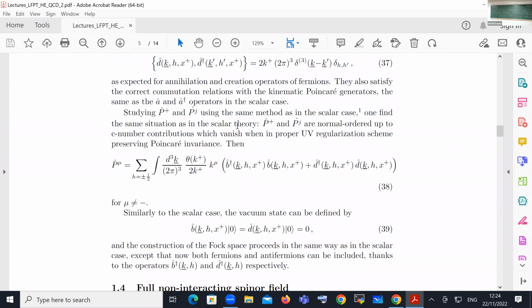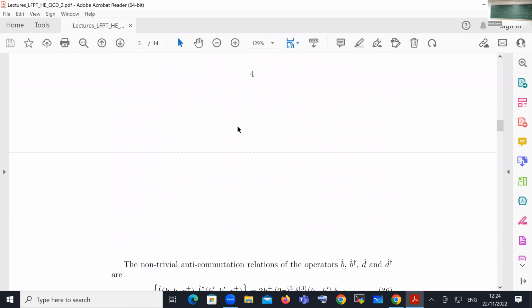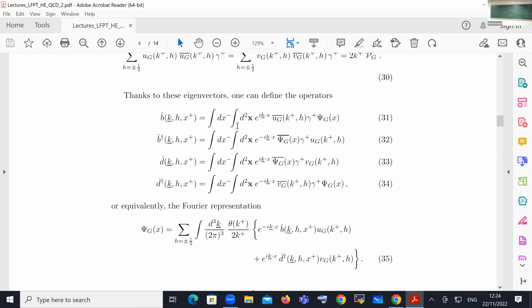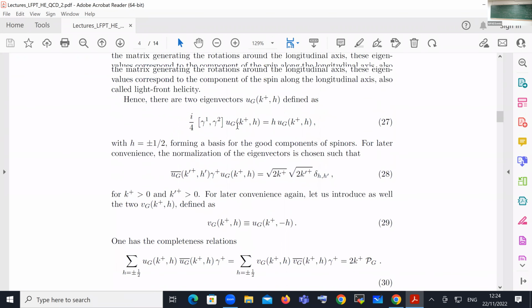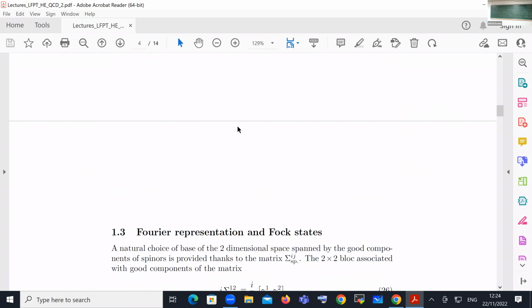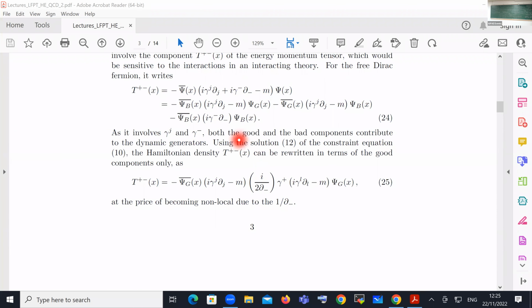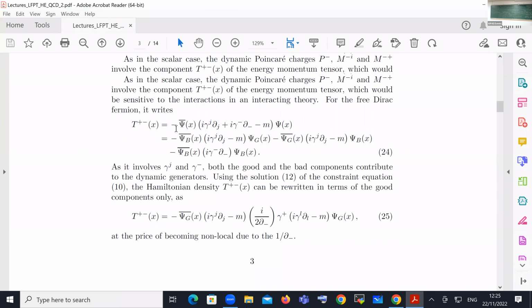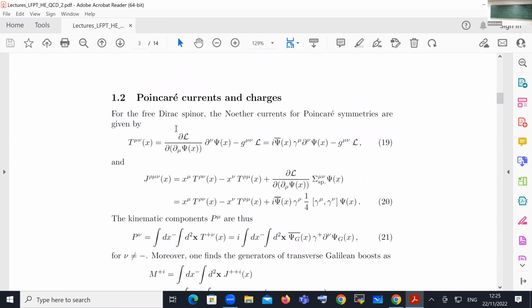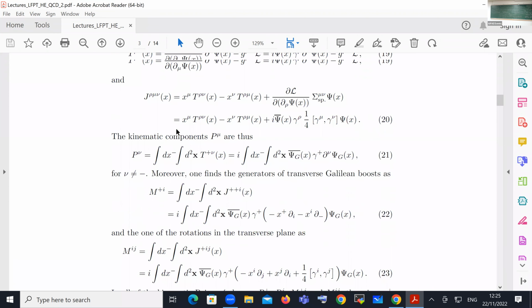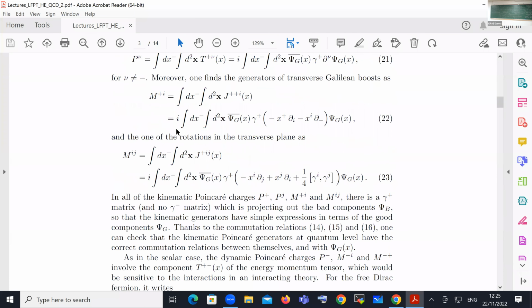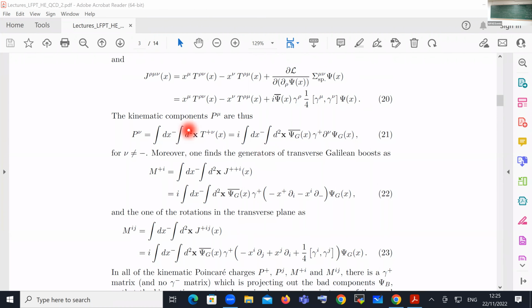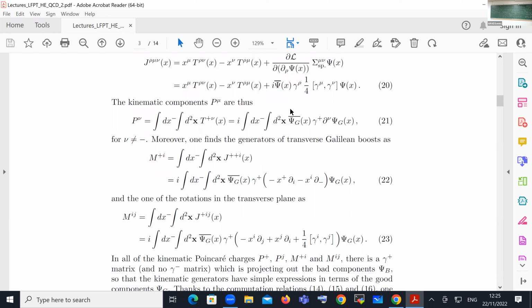Most of what I was talking about, except for the discussion of the T plus minus, the particular form of the constraint equation, and the expression of psi_b in terms of psi_g, is only about kinematic components and kinematic operators and psi good components.